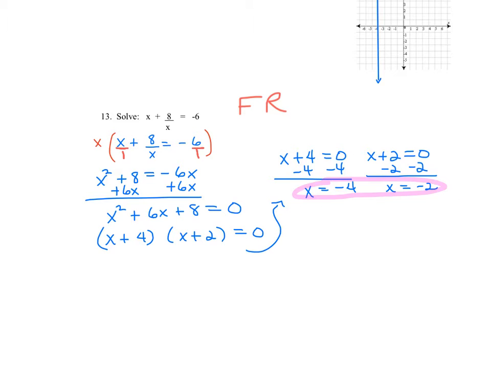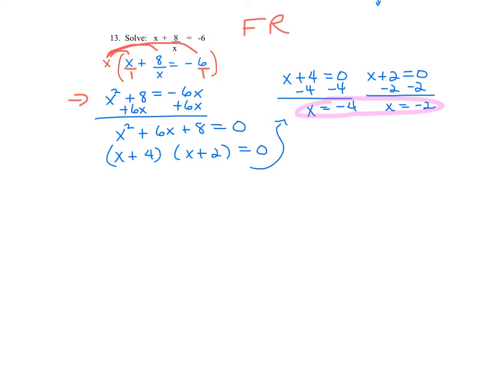So once I multiplied everything by x, I resulted with this. Then it gave me a trinomial that I could factor. And then again, you're going to plug in the numbers, make sure it is not extraneous, make sure it's a good solution. This did not make the denominator 0, so my answers are x equals -4 and x equals -2.